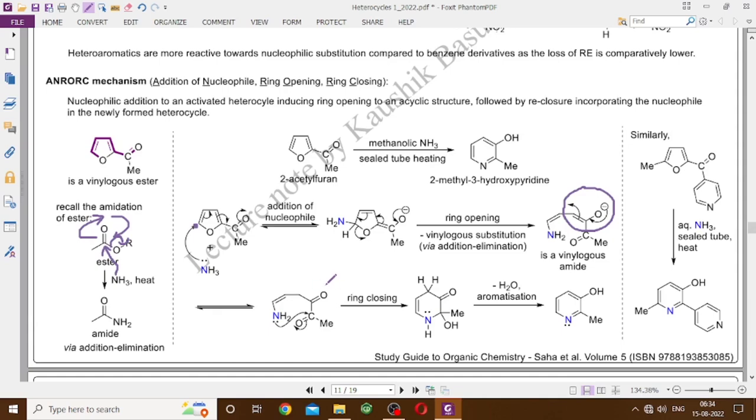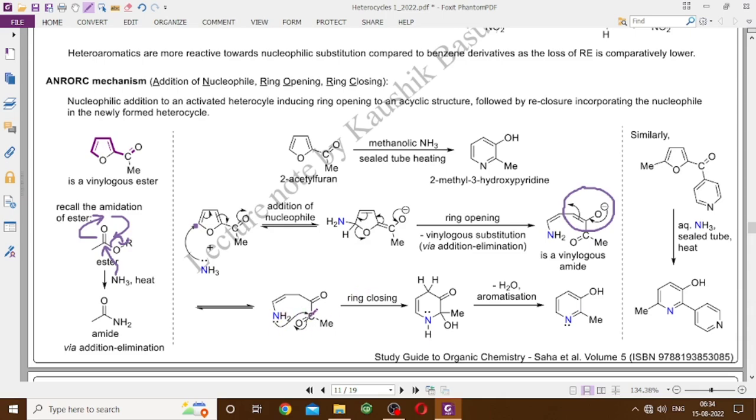Now look carefully. You have an NH2 group, a COMe, and alpha to that COMe is another carbonyl which increases the electrophilicity of this carbon. This time the ring closing will take place.